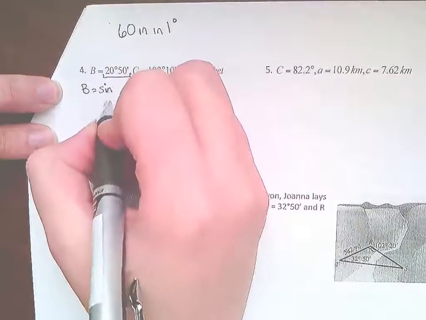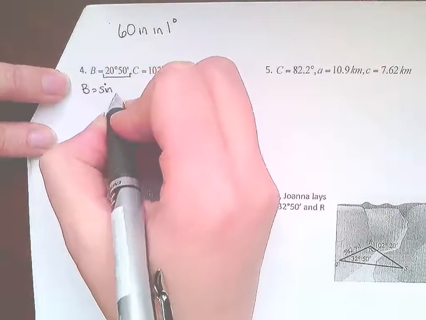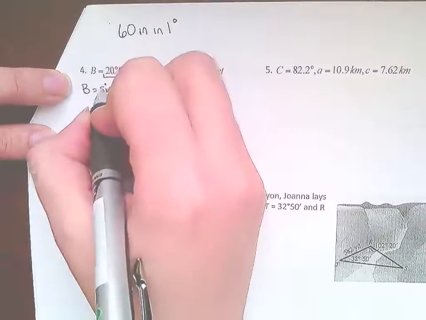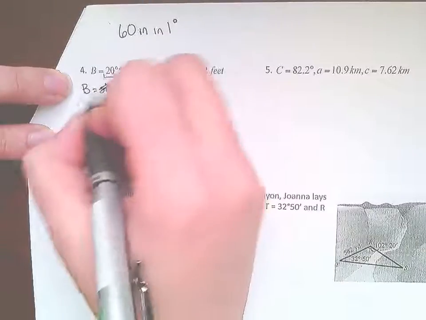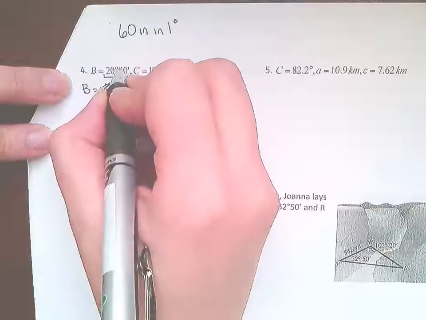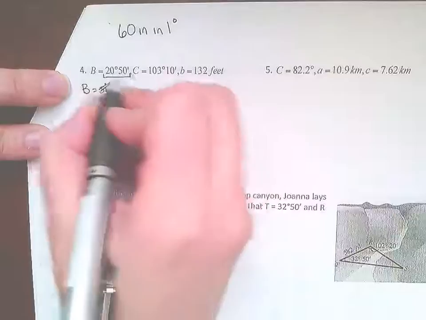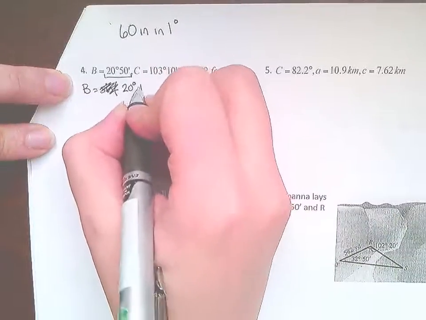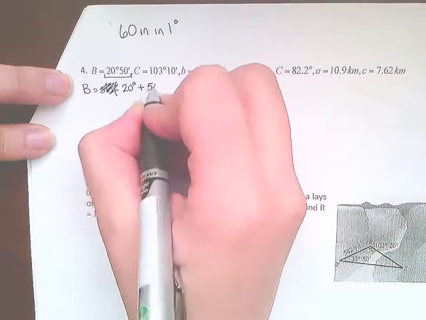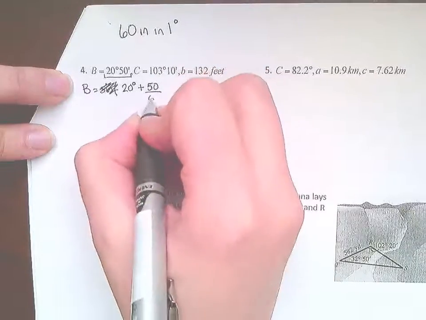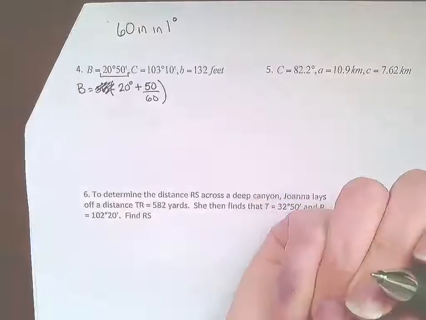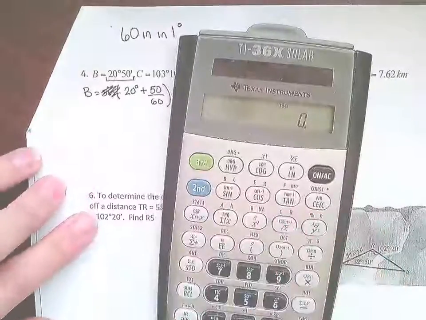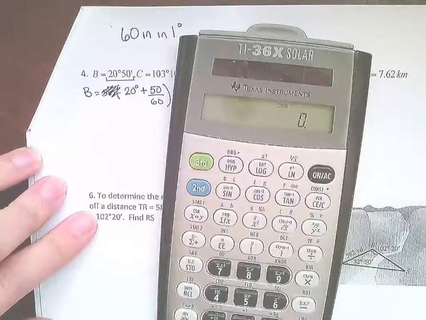To rewrite this as a full angle without these two terms, you just do 20 degrees plus 50 over 60, and that will be your angle.